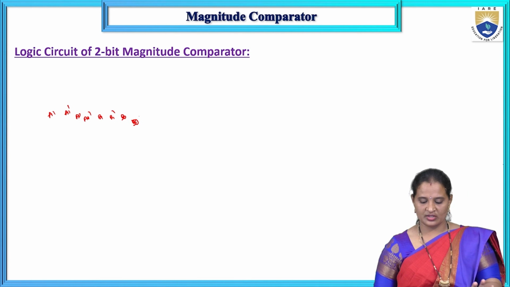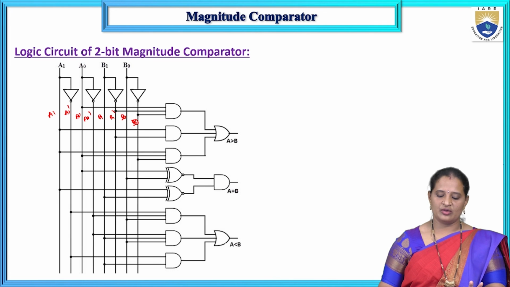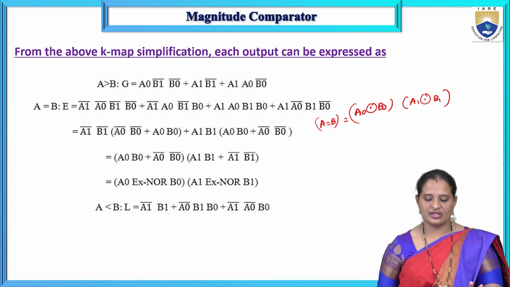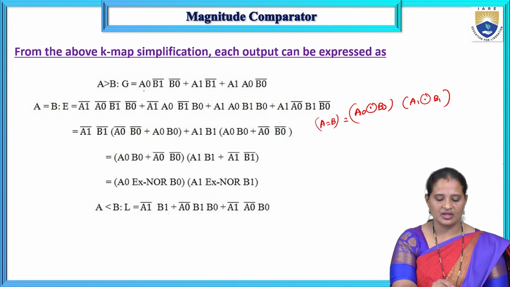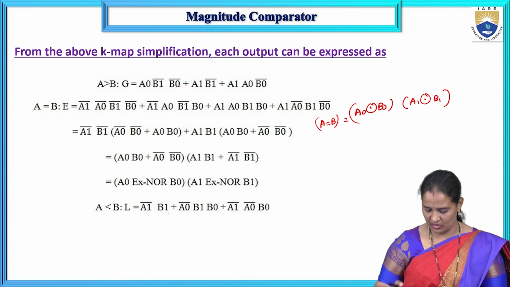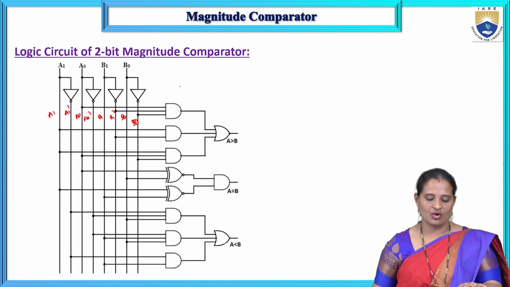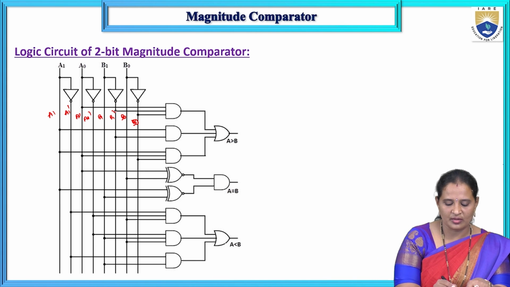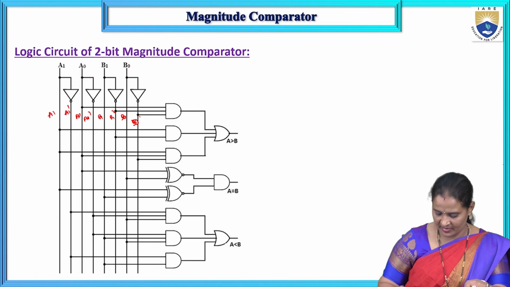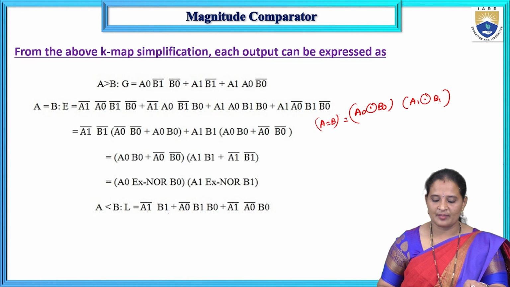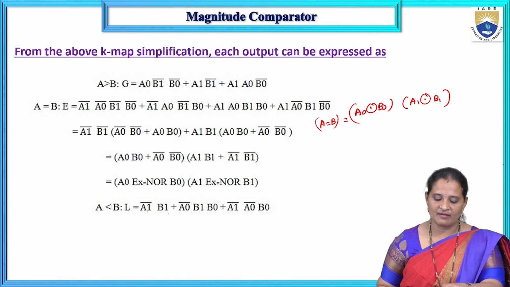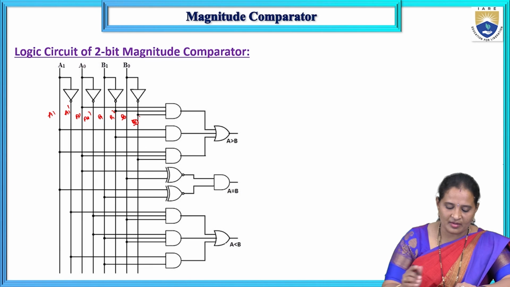So once you have got these expressions, you can easily draw the logic function. If you look at this one, A0, B1 complement, B0 complement. This is A0, B1 complement, B0 complement, the first term. And coming to the second term, A1, B1 complement.